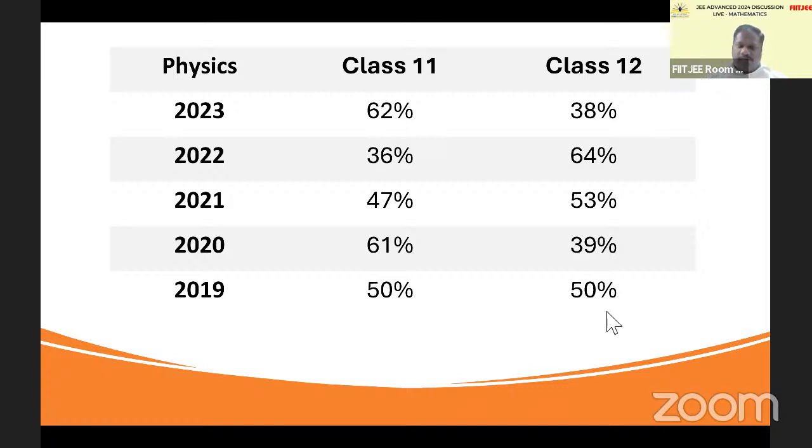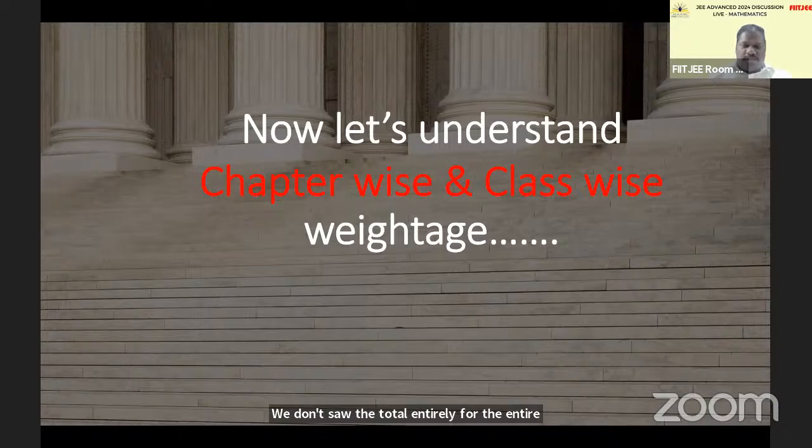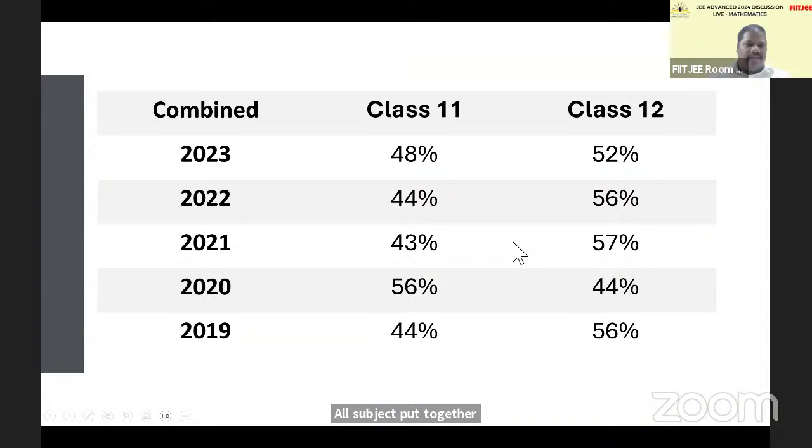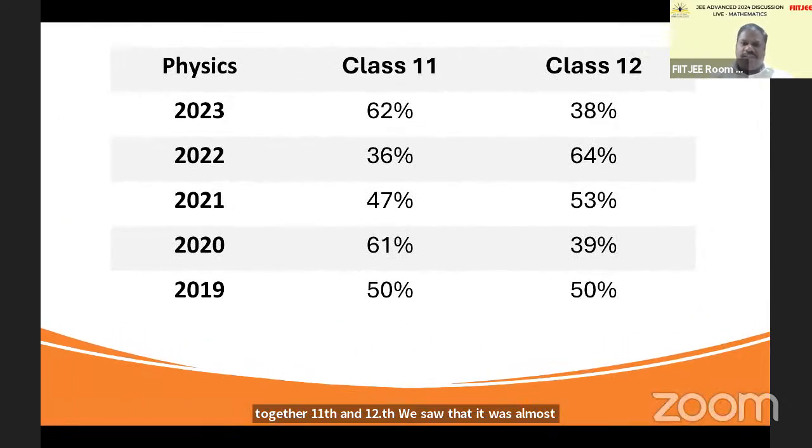So this is what we were discussing about the physics part, the equal class-wise weightage. As we saw before, we saw the total for all subjects put together, combining 11th and 12th, and it was almost an average of 50-50. Now we move to the physics subject, where we saw some deviation.